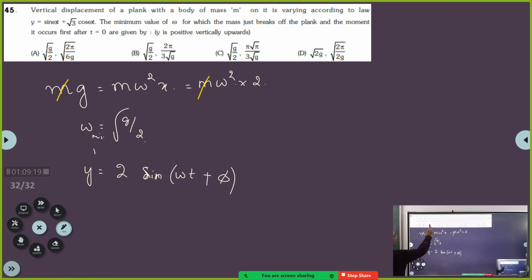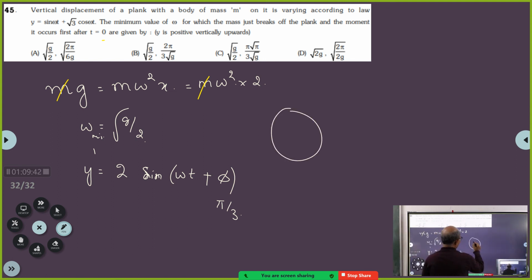Because after time t is equal to 0, we have to add that. Now, what will be the phase? You will get 5 by 3 as the phase. Okay, so the phase is already 5 by 3. We have taken the sinusoidal function now. So this is 5 by 3.